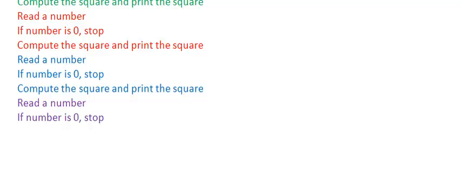So we don't write a program with these 3 lines repeated. Instead, we force the program to go back and redo these steps over and over again until we hit the sentinel value. When we hit the sentinel value, the number would be 0 and we stop.